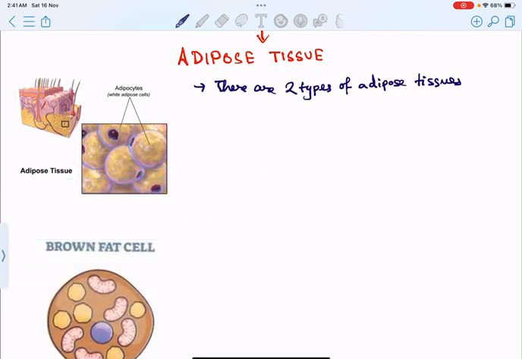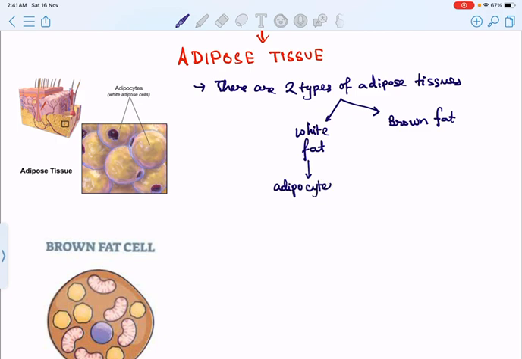So there are two types, mainly white fat and brown fat. When describing white fat, the adipocytes, I hope you can see the adipocytes here.